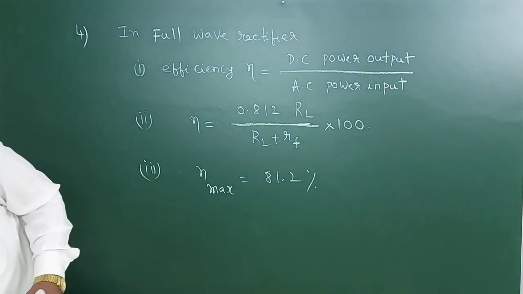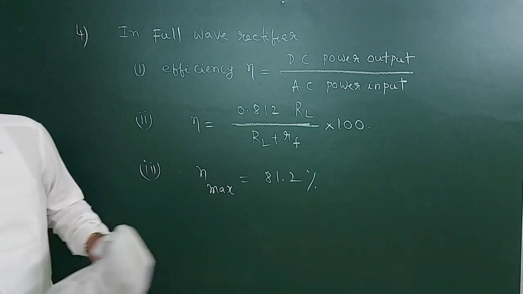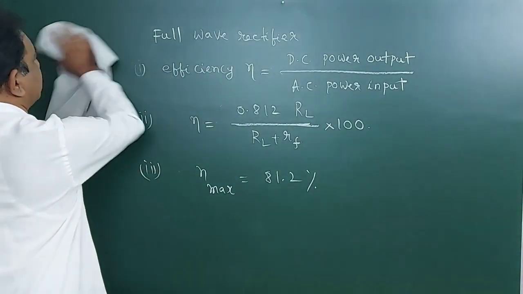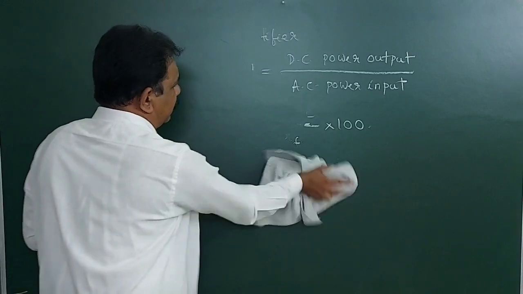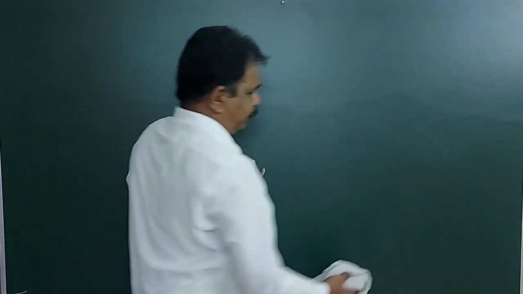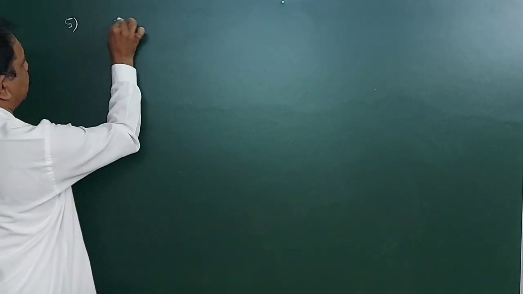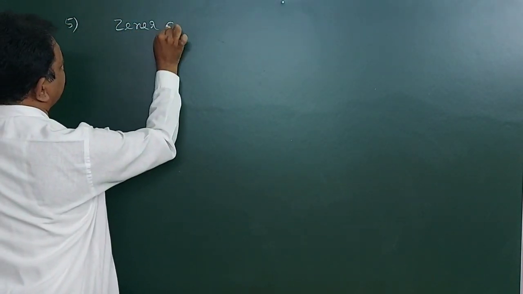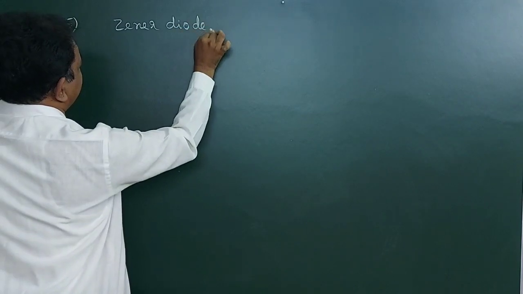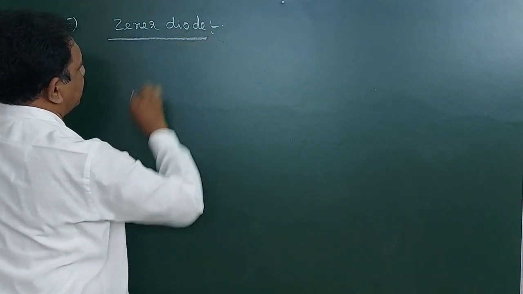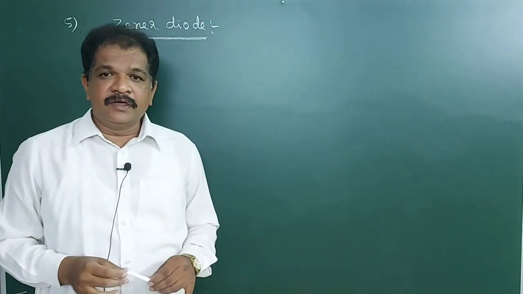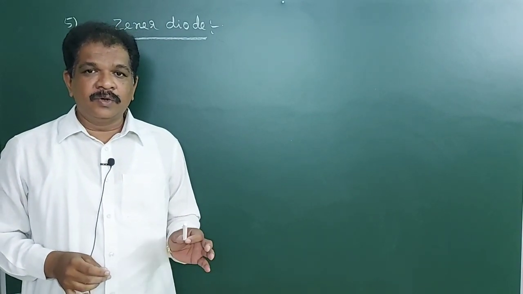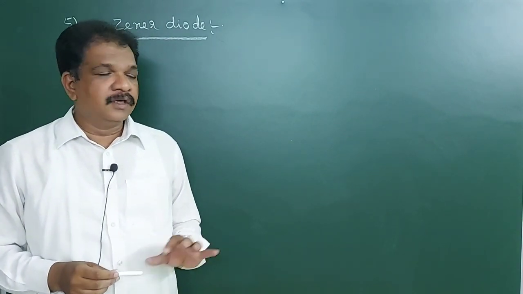Next, fifth one, we will see what is the Zener diode. Like that questions will be there on the Zener diode. What is the use of the Zener diode? To regulate the voltage.